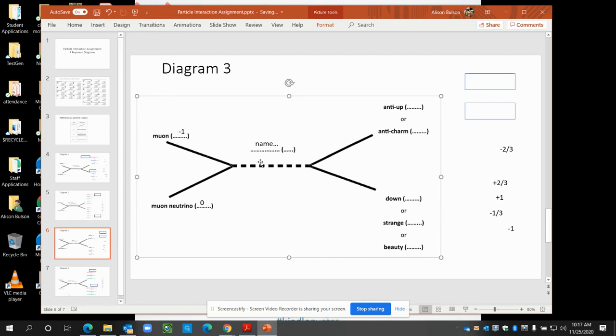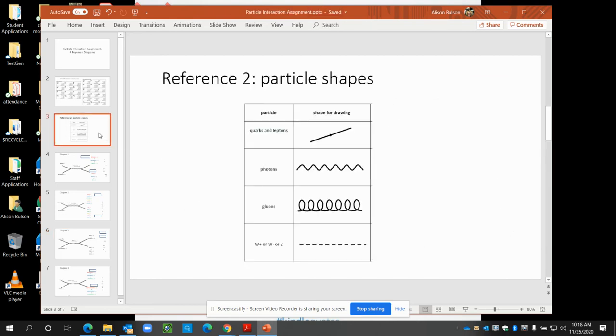The next step is to find out what this dotted line symbol means and figure out if I can get a charge corresponding to this force particle that's equal to -1. So to the particle shapes page, I see that the dotted line indicates either a W plus, a W minus, or a Z boson.